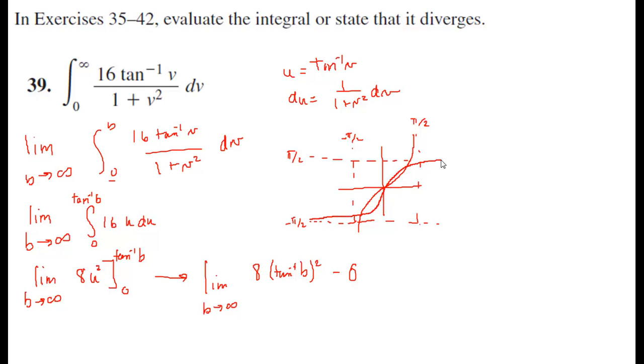So what we see is as v goes to infinity, the inverse tangent curve approaches positive pi over 2. So as we apply this limit, we have 8 times pi over 2 quantity squared, or we're going to end up with 8 pi squared over 4, or 2 pi squared.